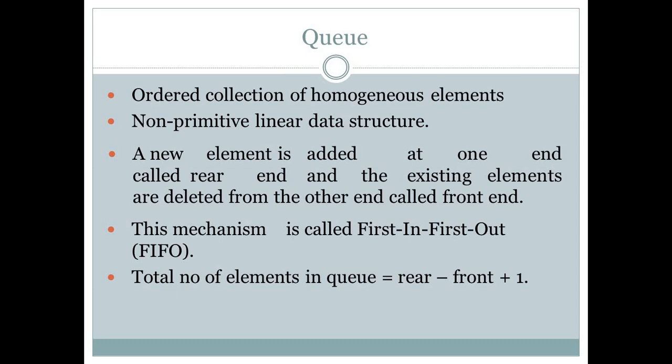This mechanism is called first in first out, meaning whichever element comes first will go out first. Here our total number of elements in queue will be rear minus front plus 1. That we will understand deeply by different examples.